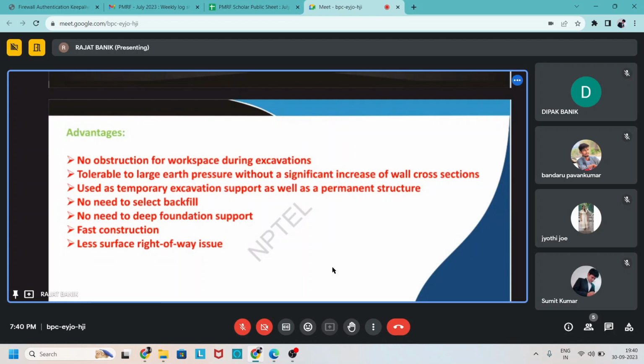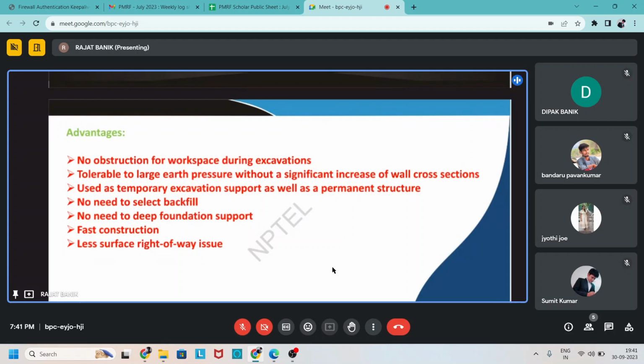There is no need to select backfill, no need for deep foundation support, construction is fast, and there are fewer surface right-of-way issues. In most cases it is similar to the soil nail.